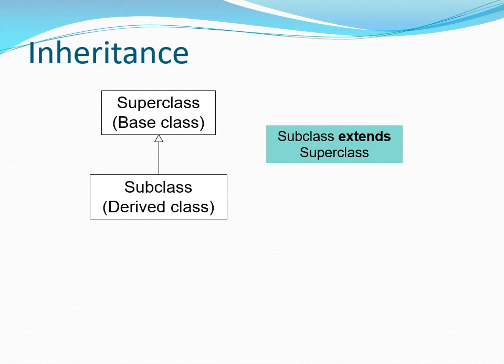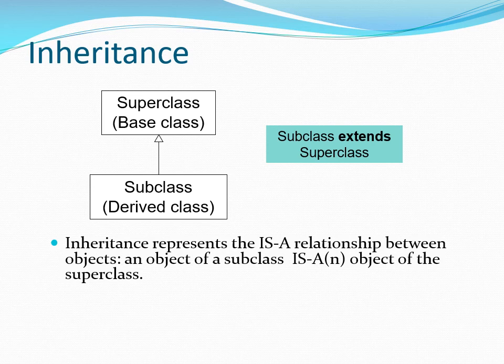In Java, we say that the subclass extends the superclass. If you look at the English meaning of extend, it means it gives something more to the superclass. So the subclass extends the superclass. And this relationship of inheritance between the subclass and the superclass, you can term as a relationship between the objects.